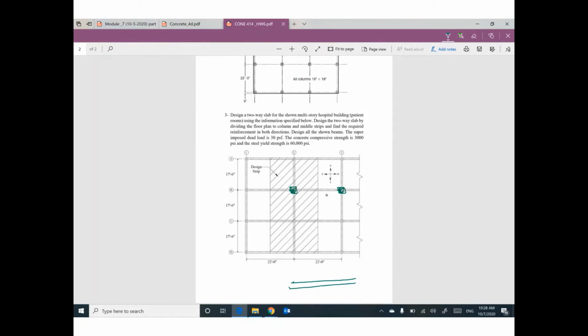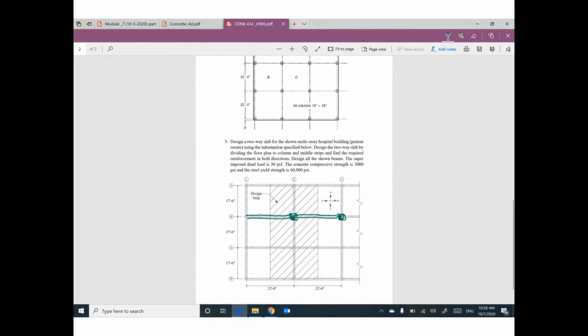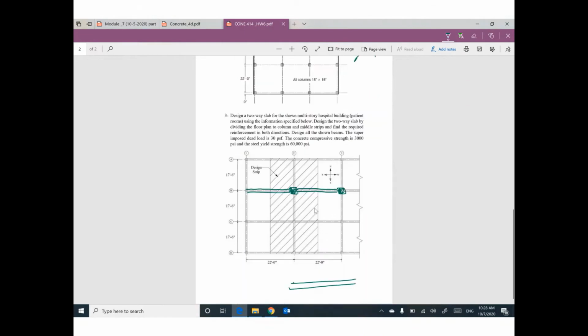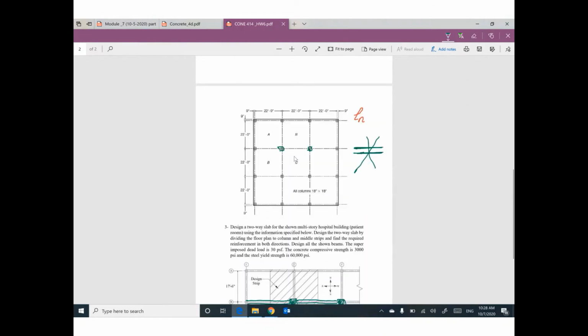In between, we have two lines. These two lines represent that we have beams in between. If you go to this figure, between this column and this column, do you have this double line? No. So we don't have beams. This one is with beams, this one is without interior beams.